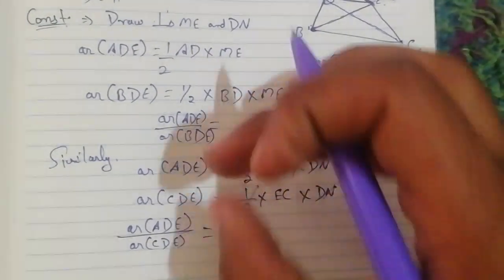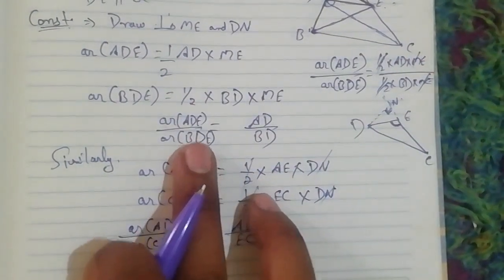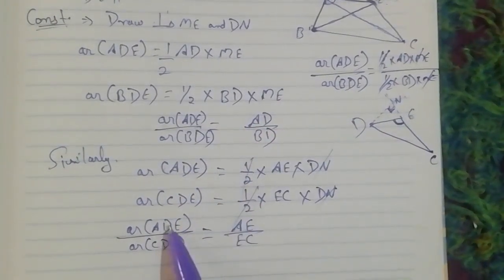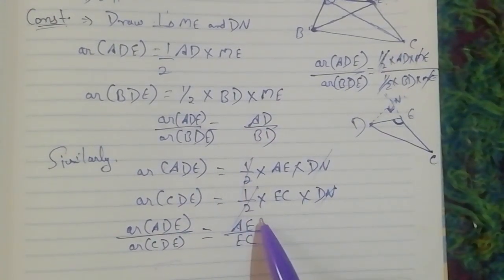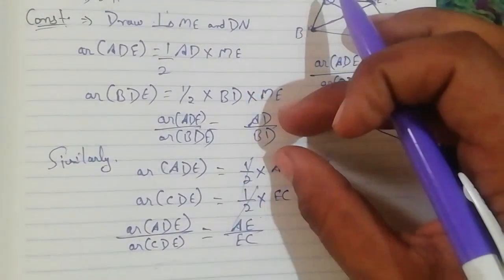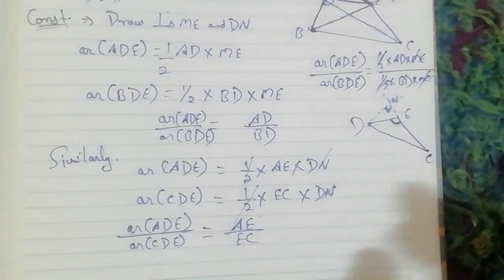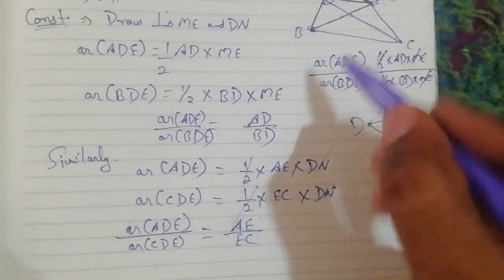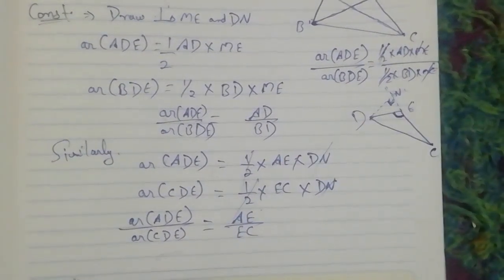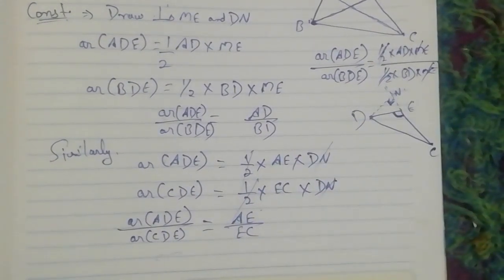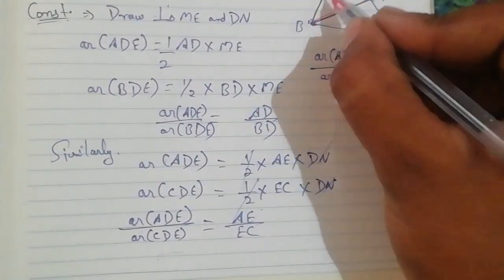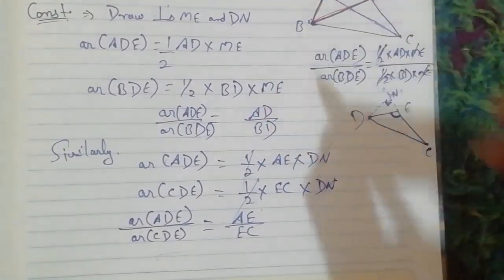So we have area of triangle ADE upon area of BDE is equal to AD upon BD, and area of triangle ADE upon area of CDE is equal to AE upon EC. Now what we need to prove, we need to equate both of them. One thing you have learned in class 9th is that if two triangles are on the same base and between the same parallels, then they have the same area.